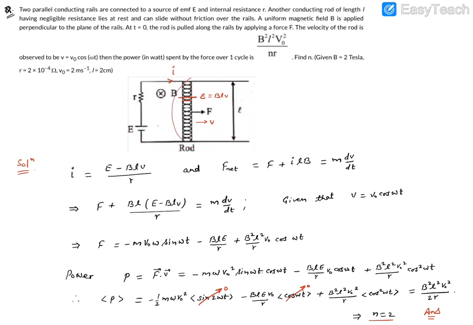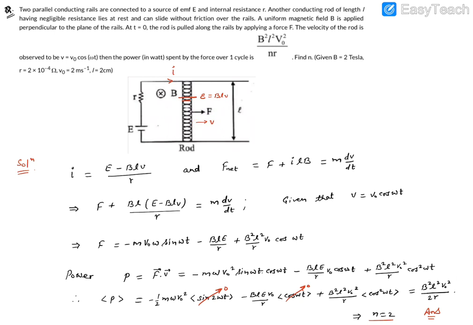This is a rod of length L, and this is the internal resistance R of the battery of EMF E, and a force F is applied at t equal to 0. When it moves, at a general time t, it will acquire some velocity v.